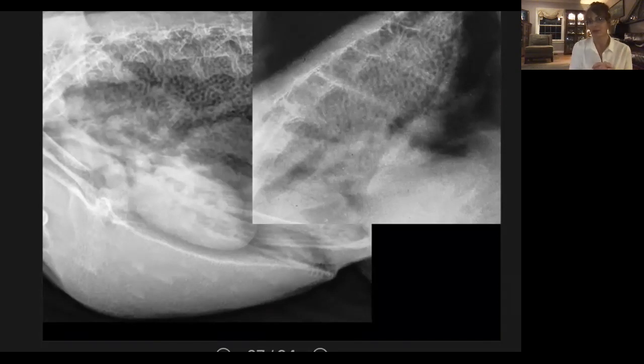So it still is going to look like all the little holes are the same size. The holes themselves are just going to be smaller.